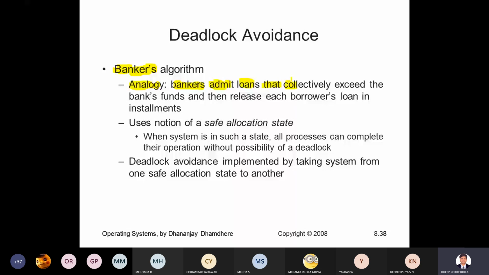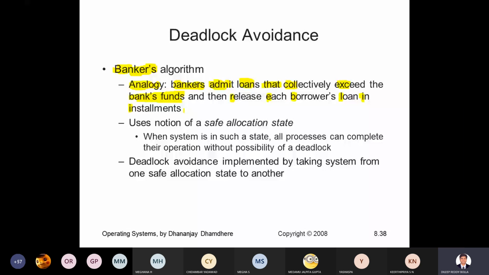So they'll give the loan, sure, but that should not exceed the bank's fund. And then they will release each borrower's loan in installments. So this is the analogy we have. It uses the notion of a safe allocation state.